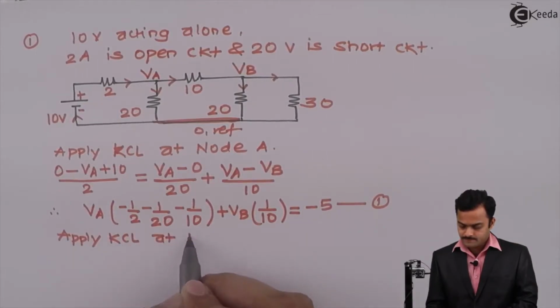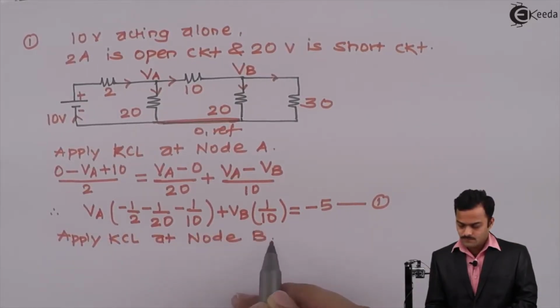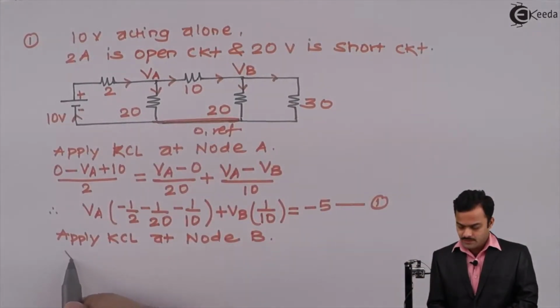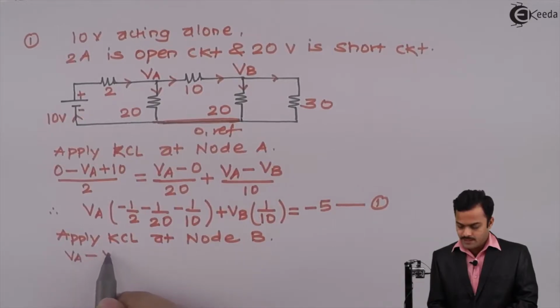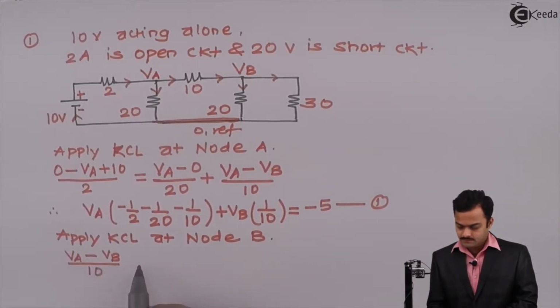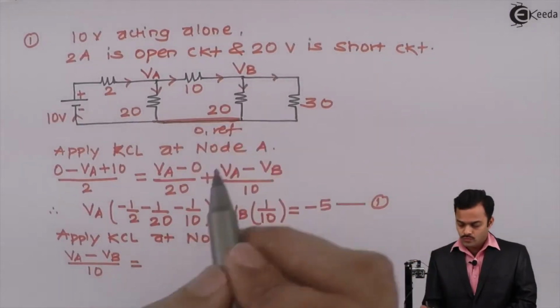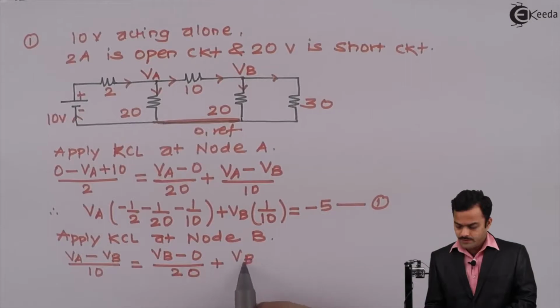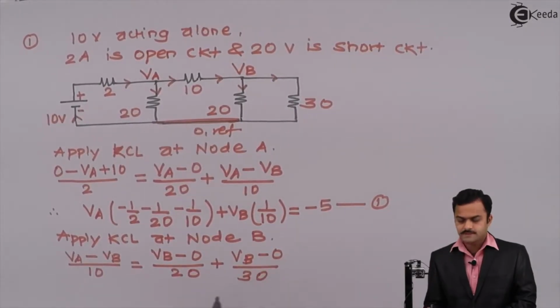Similarly, I can apply KCL at node B. At node B, one incoming current, equation will be VA minus VB divided by 10 equal to VB minus 0 divided by 20 plus VB minus 0 divided by 30.